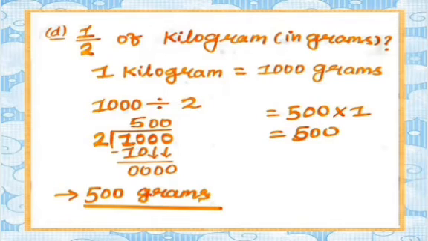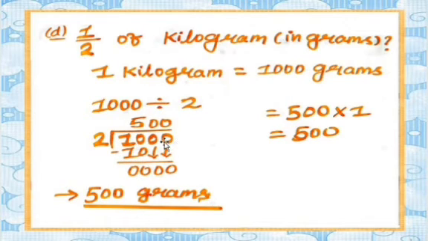So now what to do here? Here we do 1000 divided by 2. Let's check the division. Here we take only the 2 digit. 2 5s are 10. So 10 minus 10 is equal to 0.